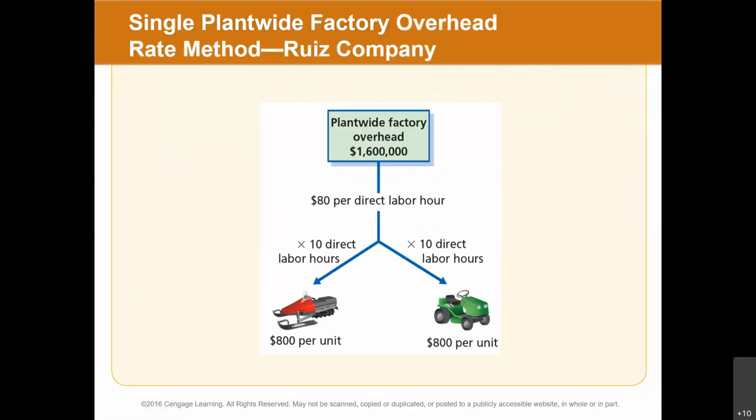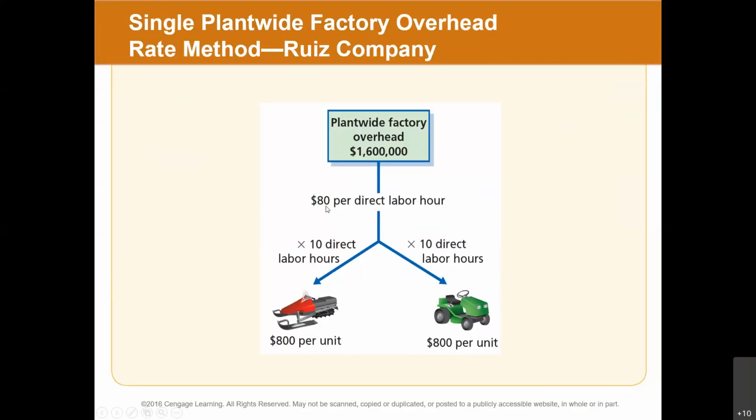Okay, so let's look at it from a picture perspective. I like pictures. Okay, so we have the $1.6 million factory overhead for the year. We have determined our direct labor overhead rate per hour is $80. For each unit, it's 10 hours of labor.